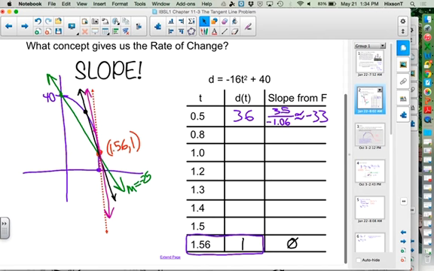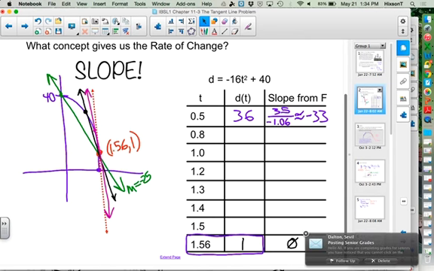You guys know how to do slope. I don't know what to do after I get this. I have to subtract 1.56 minus 1.